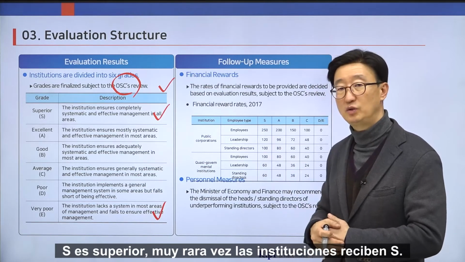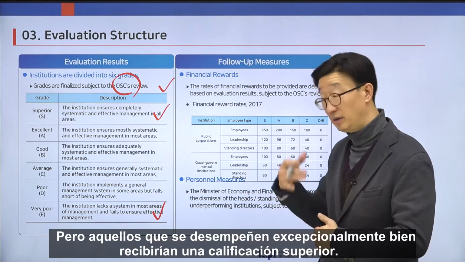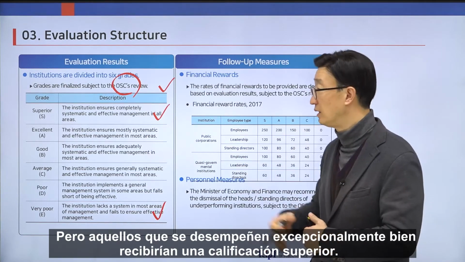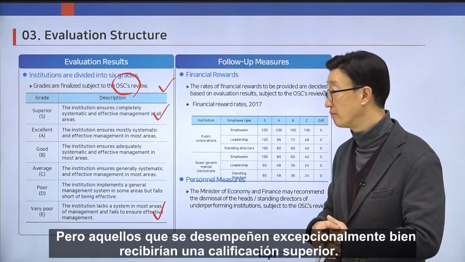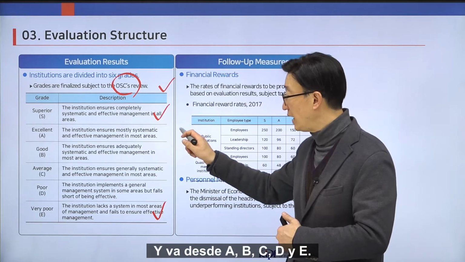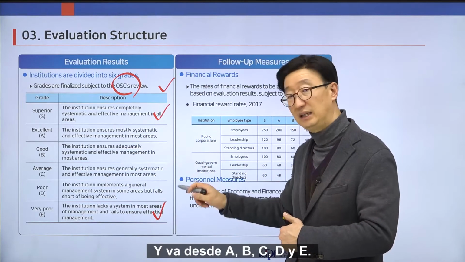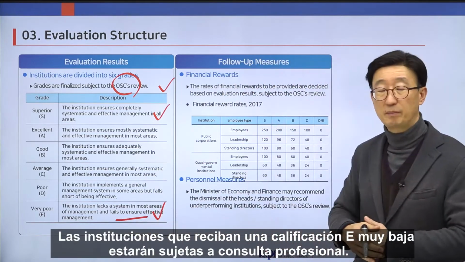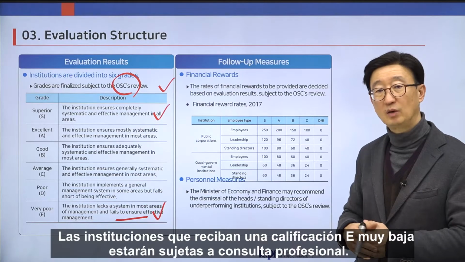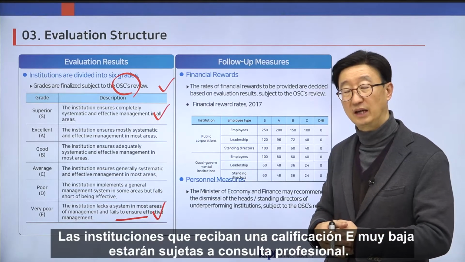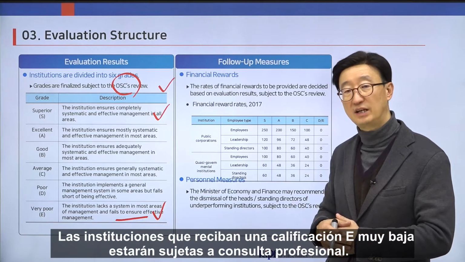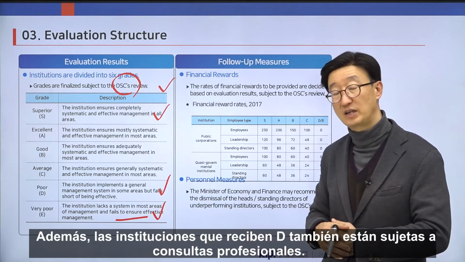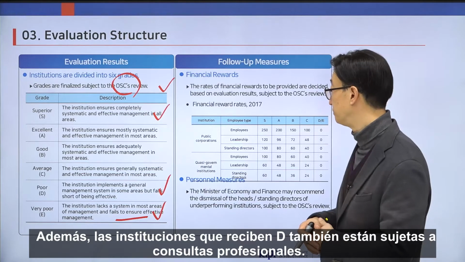Very rarely do institutions receive S, but those that have performed exceptionally well would receive the superior grade. And it goes to A, B, C, D, and E. Institutions that receive a very poor grade, E, would be subject to professional consultation. Institutions that receive D are subject to professional consultation as well.